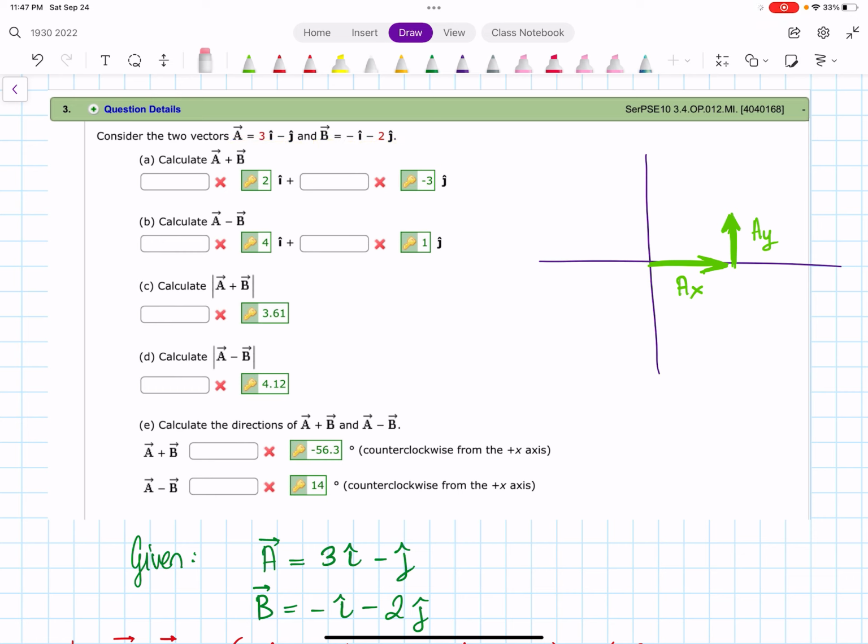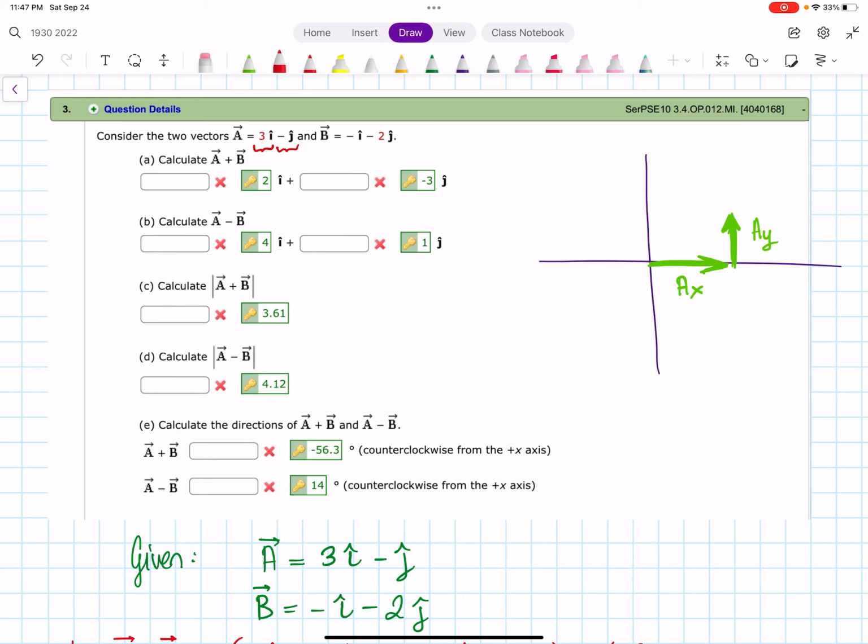Good. Now in this question, we are given the components 3i hat minus j hat. What does that mean? Vector A has an x component and a y component. The x component is 3 units to the right, and the y component is -1 units.